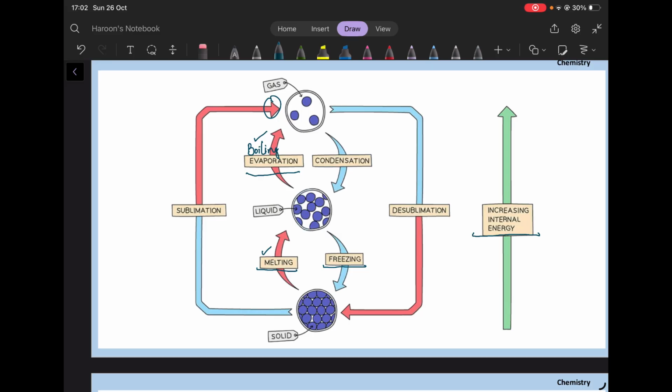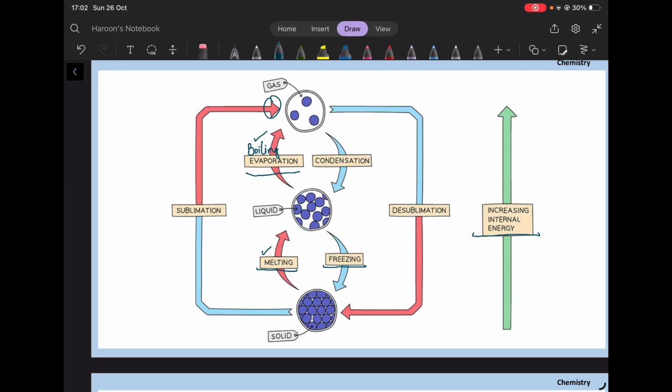So when the kinetic energy increases, the internal energy also increases. So that would be the case in melting as well as evaporation or boiling. So when we are increasing the energy of particles, when we are giving it heat basically, in both these changes in states, melting and evaporation, the heat energy, thermal energy would actually be absorbed.